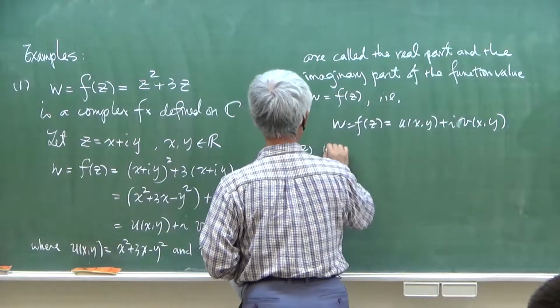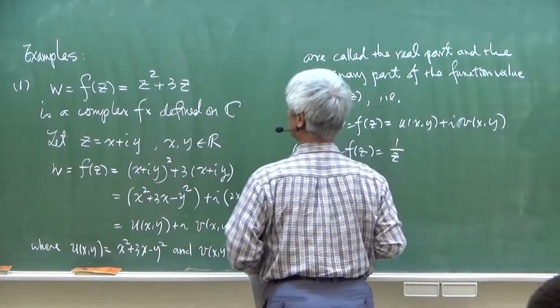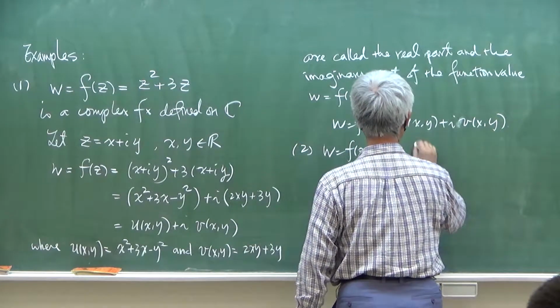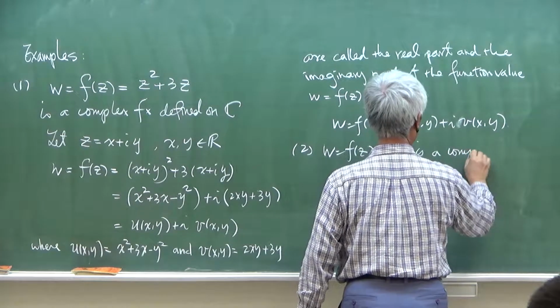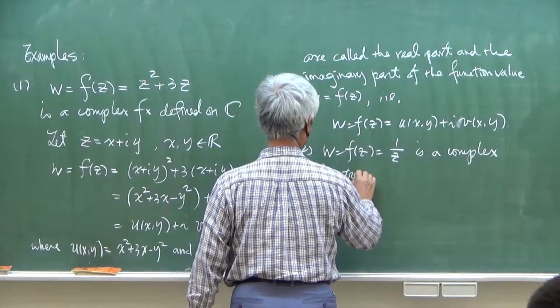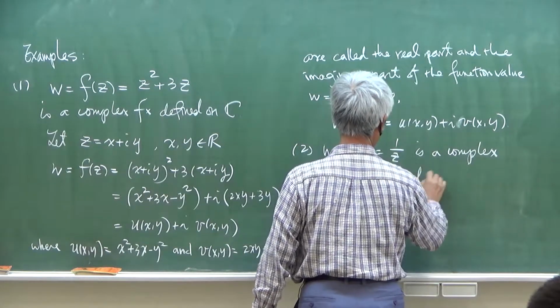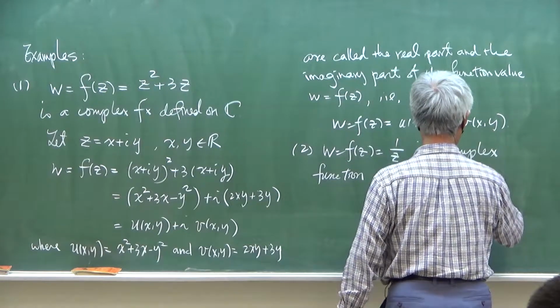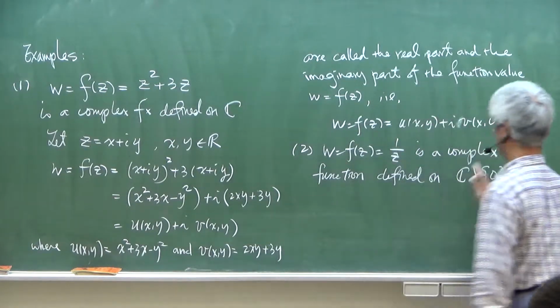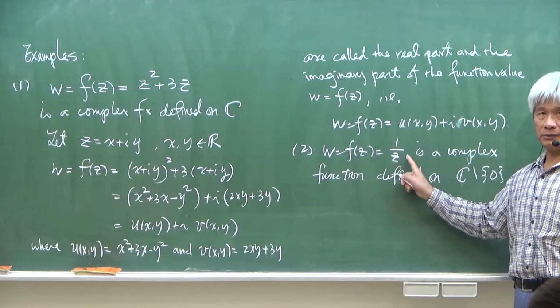The second example is f of z equal to 1 over z. This is a complex function defined on this set, because z cannot be 0.